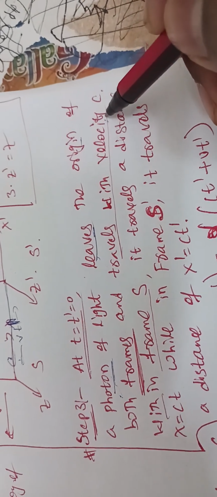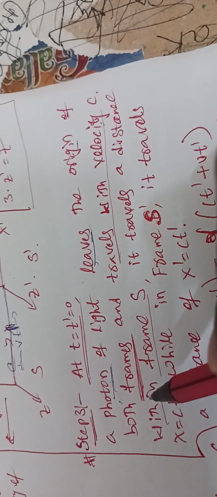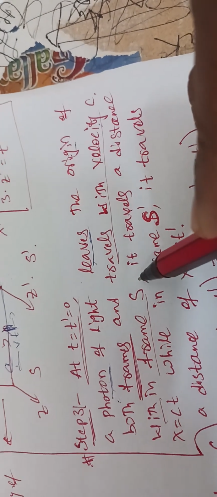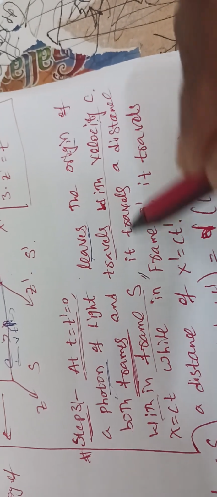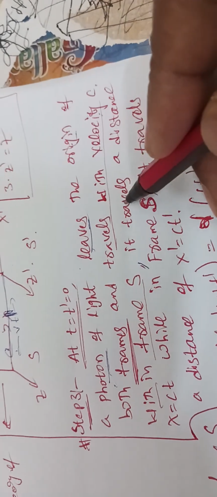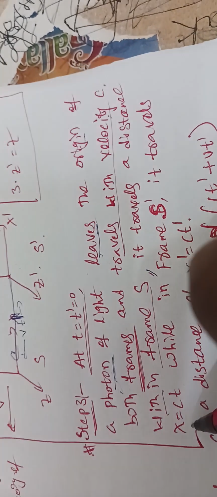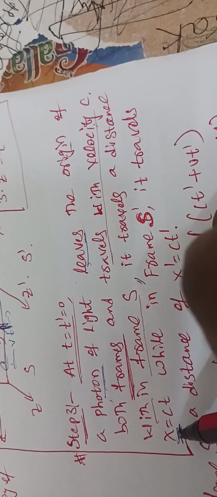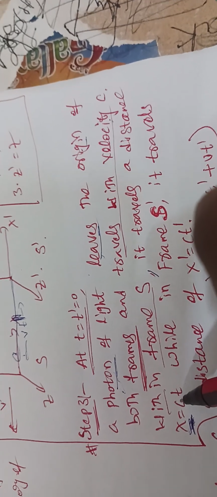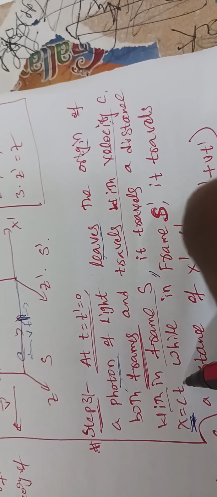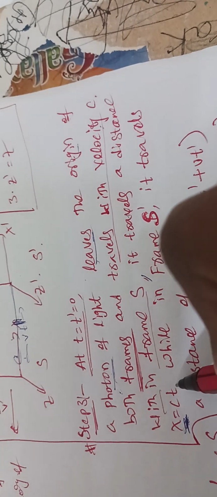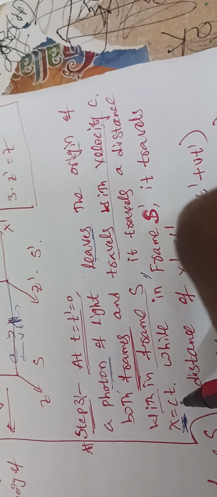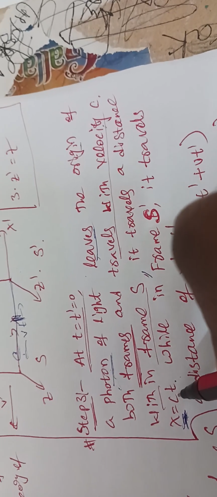Now within the frame S, it travels a distance x equal to ct. Since it is the S frame, the change in position is c into t, where t is with respect to the S frame and c is the velocity of light.